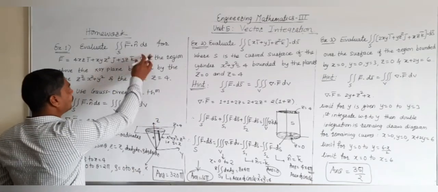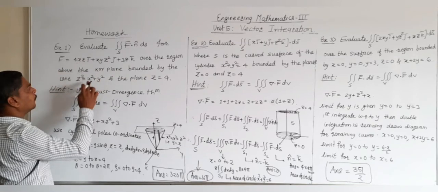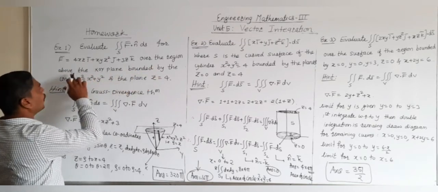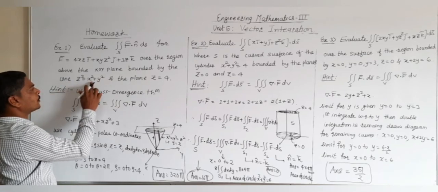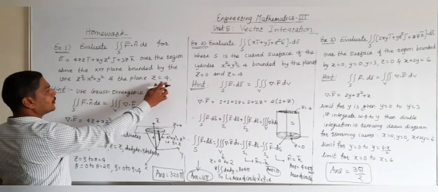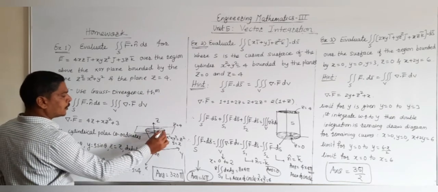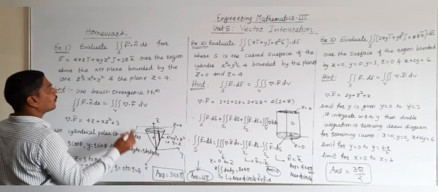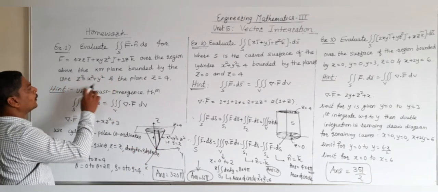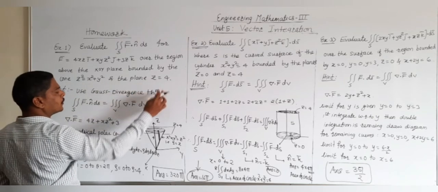So the first example for homework: evaluate this integral. We have given f bar and the region above the xy plane bounded by the cone z square is equal to x square plus y square and the plane z is equal to 4. As shown in the diagram, this is our cone, bounded by the xy plane, z square is equal to x square plus y square, and z is equal to 4.